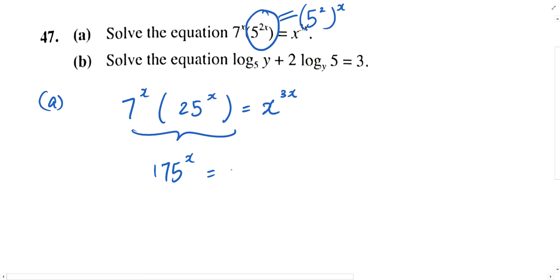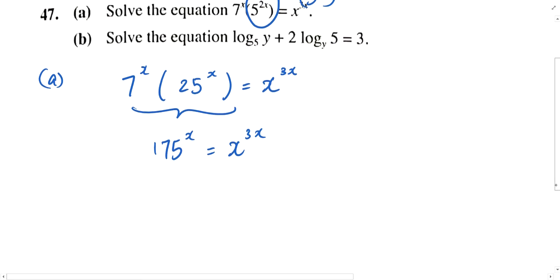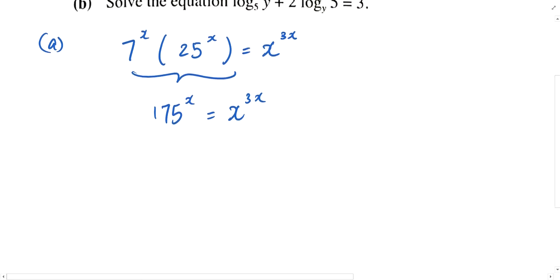Okay, then? Why are you pressing your calculator? Tell me. What do I do next? x root everything. Wow. So 175 equals x root. So I write it this way. Is it? Then it becomes x cubed.